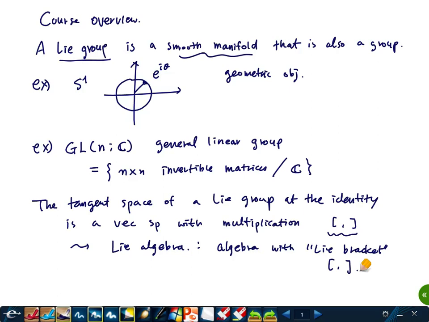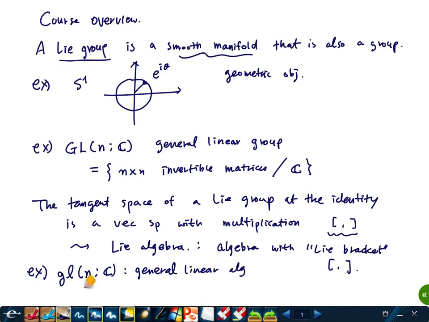And an example of a Lie algebra is the general linear algebra. So I'm writing using lowercase. So it's a general linear algebra.